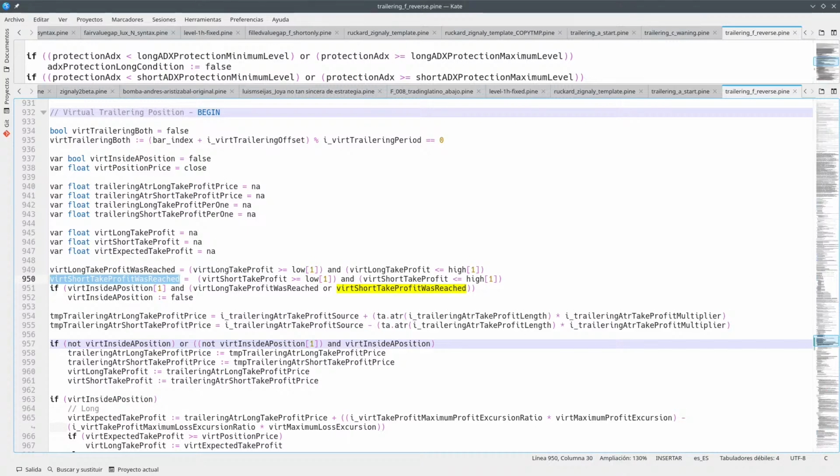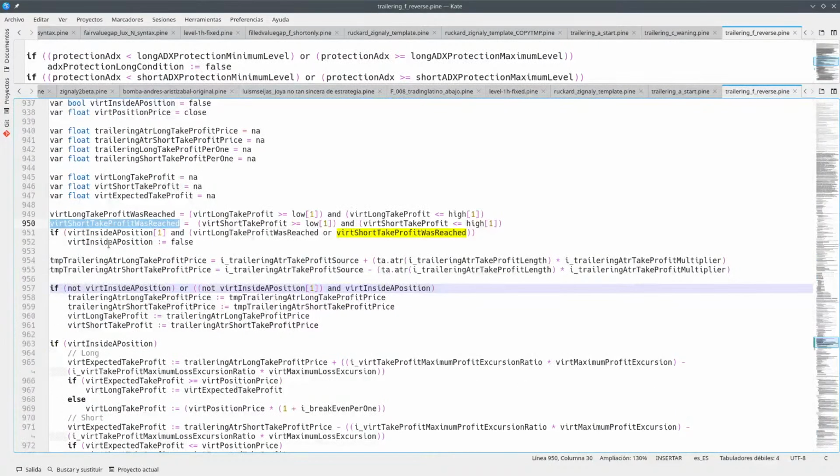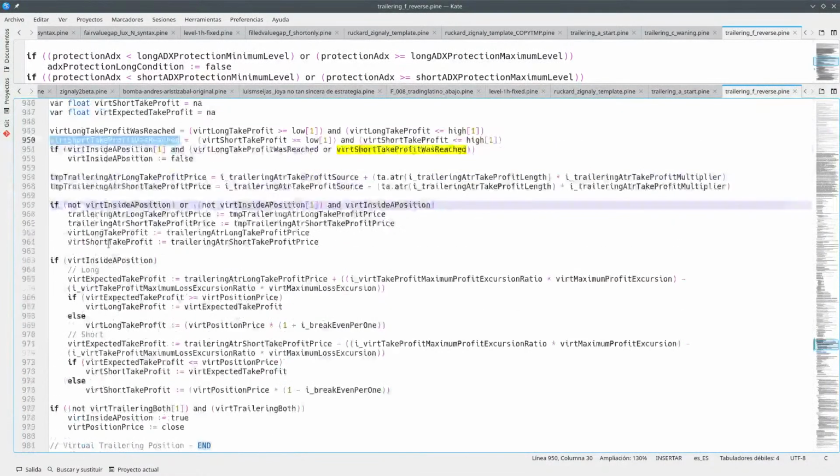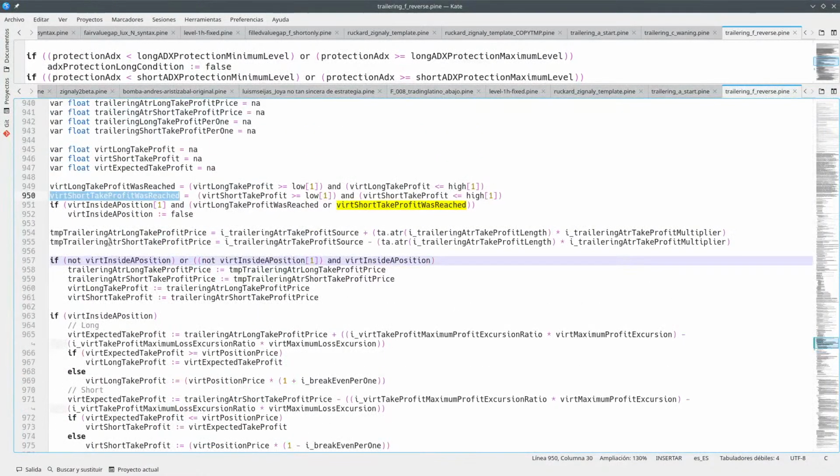Look at that. This is the strategy. So the strategy is... wait a moment.